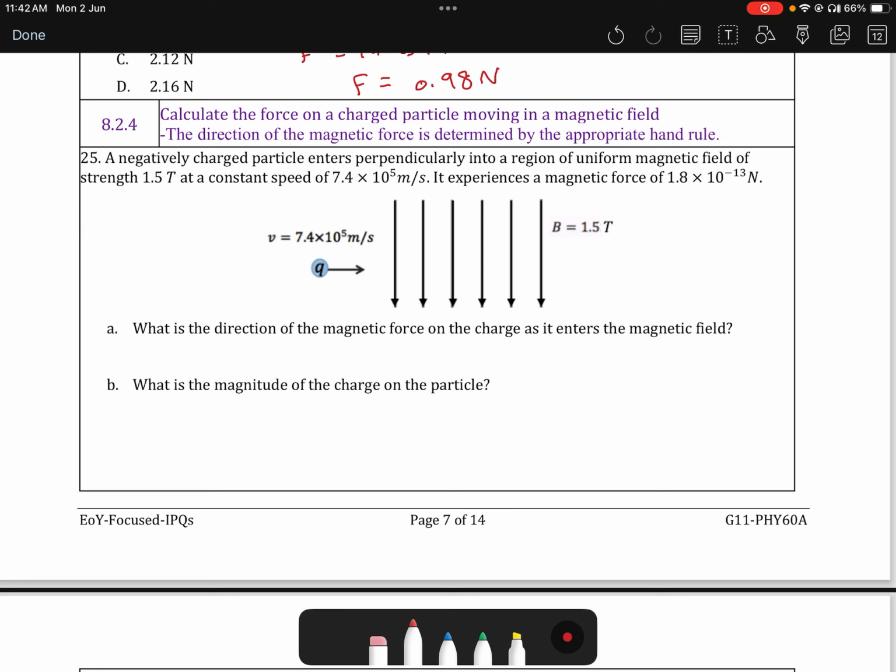So the force will be into the page. But since it's a negatively charged object, we take the opposite direction. So instead of into the page, now it will be out of the page.